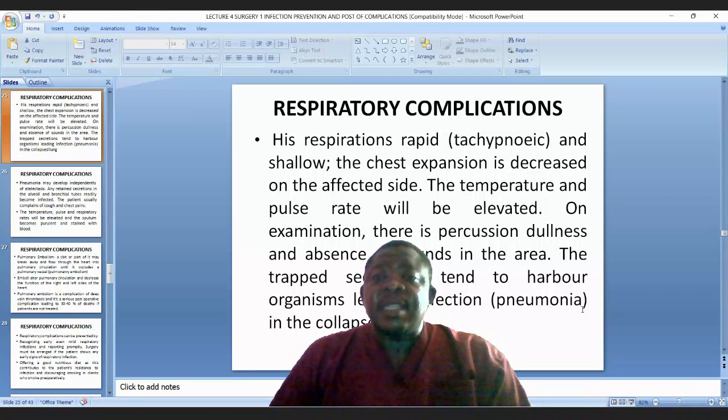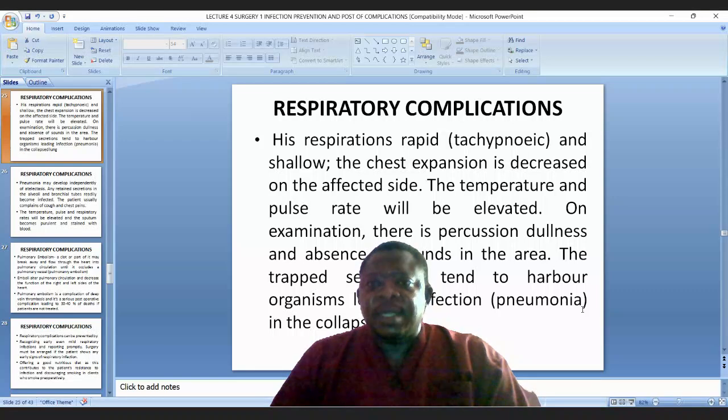Then the chest expansion is decreased on the affected side. The temperature and pulse rate will be elevated. Then on examination, there is a dull sound on percussion of the chest, and then absence of sound, that is the area where there is atelectasis or where there is a lung collapse.